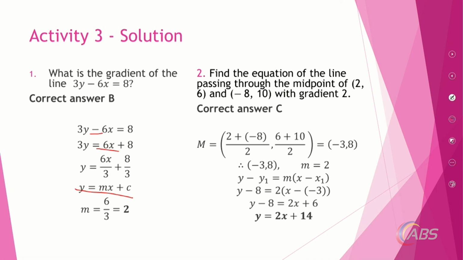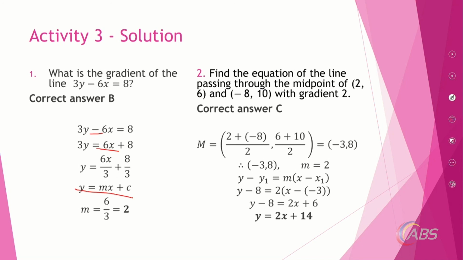And then we divide throughout by 3 to get rid of 3 on the left-hand side. So if we're looking at y is equal to mx plus c, we would see that m is equal to 6 divided by 3 and that would give us a value of 2. Hence, the correct answer is B, m is equal to 2.